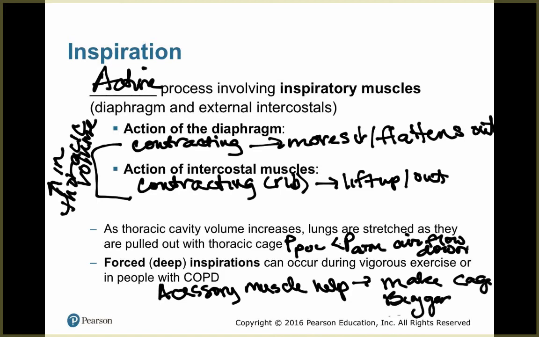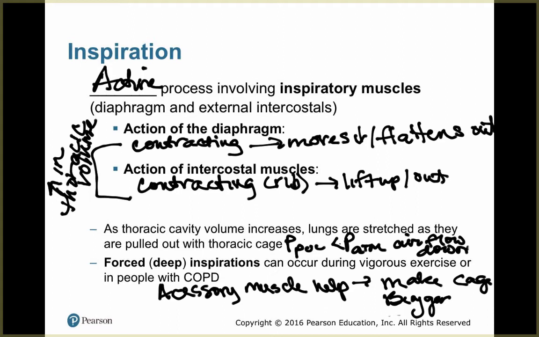So you have things like the scalenes, the sternocleidomastoids, the pectoralis minor, or the erector spinae, which, if you remember, are all back muscles. And that essentially will help to further increase the thoracic size, creating larger pressure gradients and a movement of more air, right?